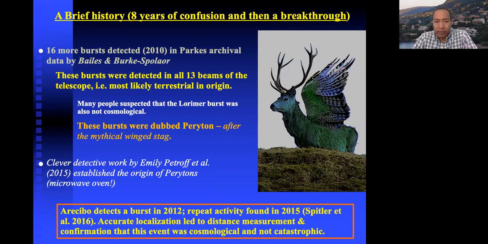It established that at least this particular burst is extragalactic and far away, cosmological, at a redshift of about 0.2. Furthermore, since you are seeing multiple bursts from the same source, it also established that it is not a catastrophic event: the underlying object is not destroyed, but lives to produce other bursts.